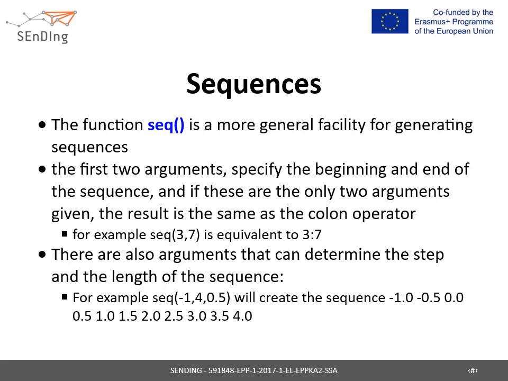For example seq(3, 7) is equivalent to 3:7. There are also arguments that can determine the step size and the length of the sequence. For example seq(-1, 4, 0.5) will create the sequence -1.0, -0.5, 0.0, 0.5, 1.0, 1.5, 2.0, 2.5, 3.0, 3.5, and 4.0.